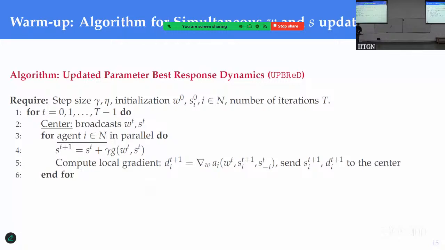This algorithm also requires them to calculate the local gradients, which is exactly what happens even in FedAvg. You calculate the derivatives with respect to W, only of your accuracy part, not the cost part, and then send S_i t plus 1 and D_i t plus 1, the derivative as well as your contribution, back to the center.